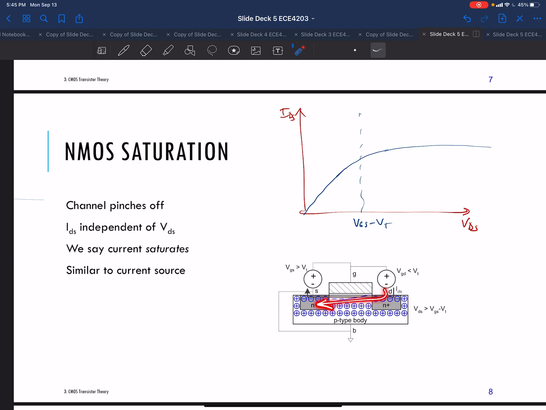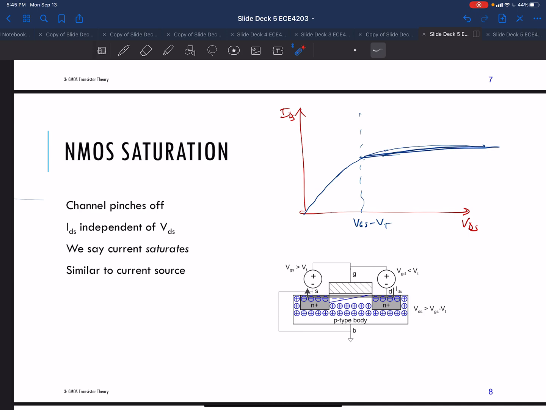So the current's flowing this way, which means you still get electrons going this way, but you no longer have control of that current with the drain. So we basically say that the current has been saturated. This is the point where the drain source voltage stops having an effect on the current, and the curve flattens out.